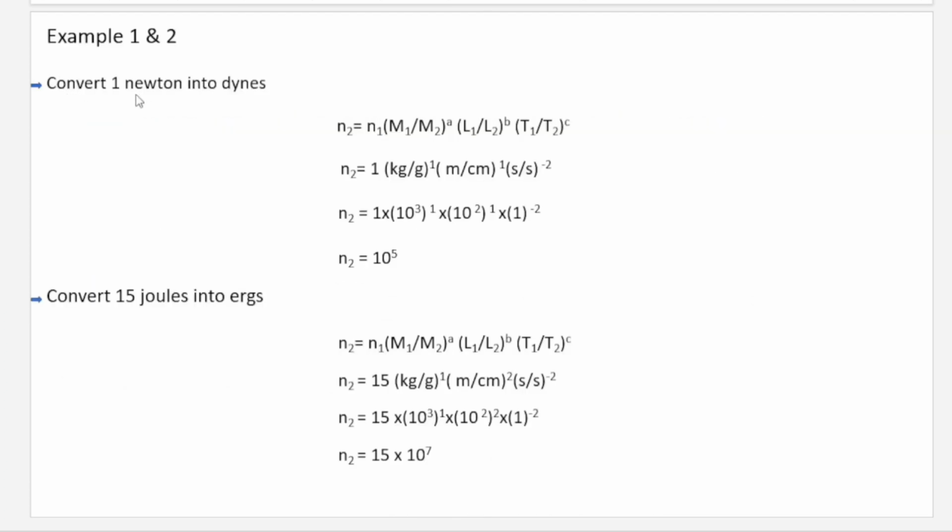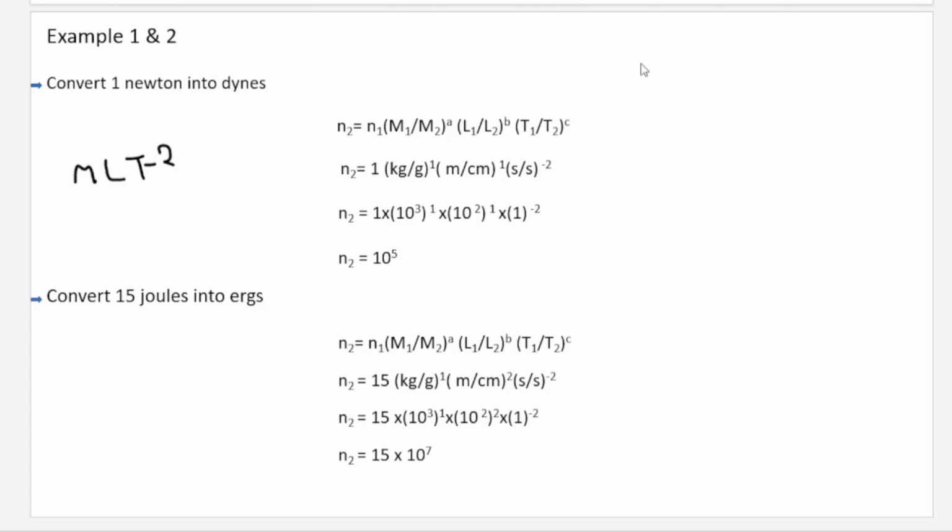Let's look into the first example. Convert 1 Newton into dynes. Newton is the SI unit of force and the dimensional formula of force is MLT minus 2.